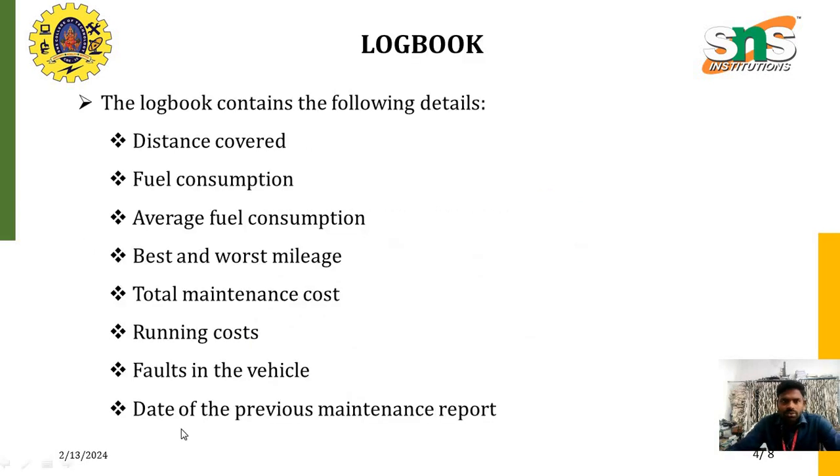Then the logbook, as we said earlier, should contain these details: distance covered by the car or vehicle for the period, fuel consumption, average fuel consumption, best and worst mileage, total mileage cost, running costs, faults in the vehicle, and date of the previous maintenance. These things should be there in the logbook.